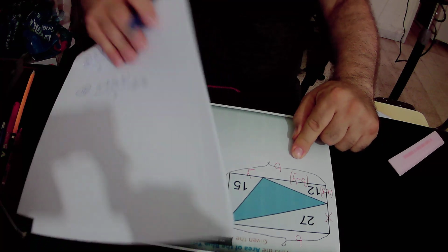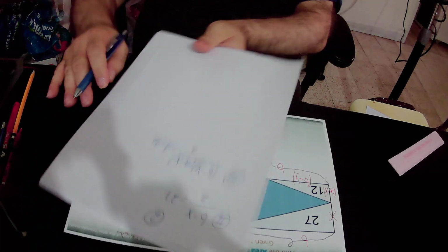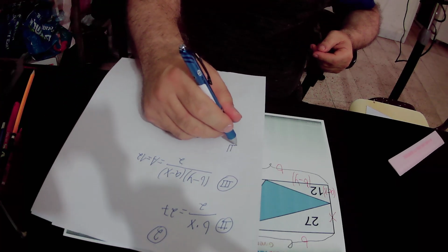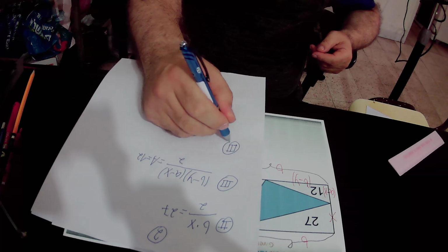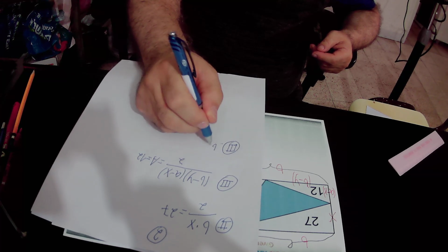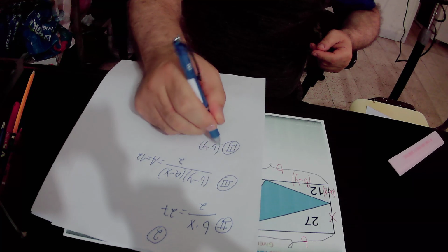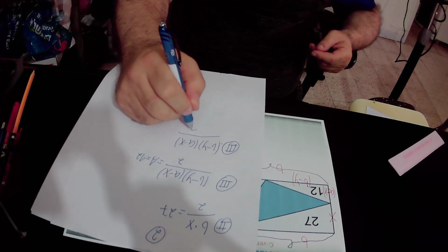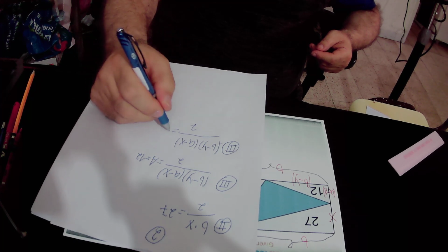We can rewrite this equation: B minus Y times A minus X divided by 2 equals 12 units.